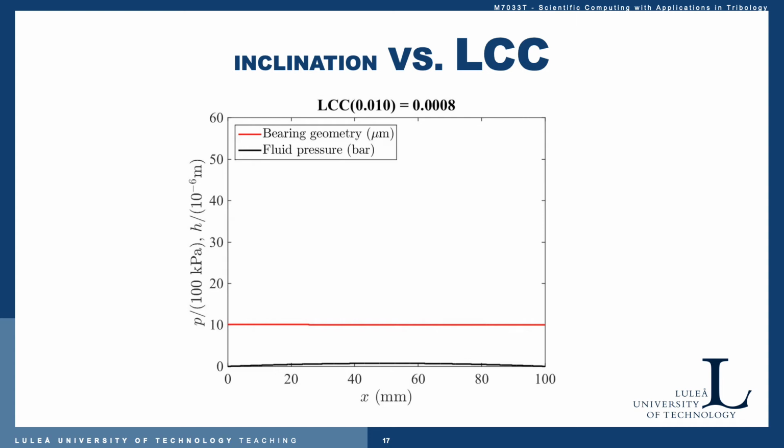And here we have used an inclination parameter, which is connected to alpha. It's not alpha directly, but it's connected to alpha. It is starting here at 0.01, so there is a small inclination on the red line.